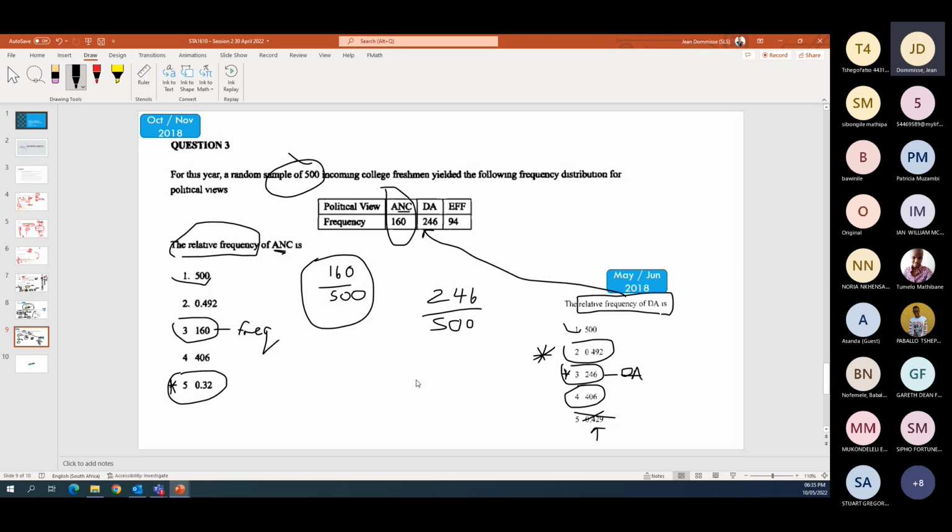Yes, perfect. And I like why you ask that, because if I didn't tell you the sample size is 500, what would you have done? Then you needed to find the relative frequency of the ANC, which is 160 divided by the sum of all three of them.